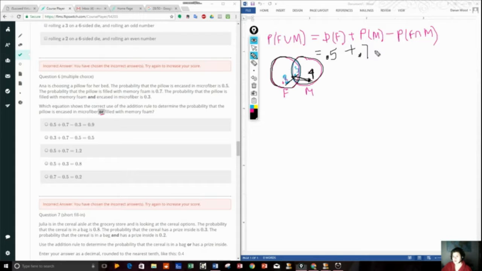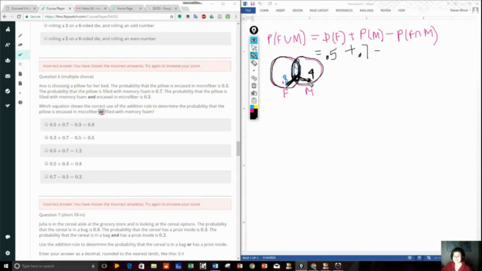And the reason why we subtract out one of these intersections, if you noticed, when you count the probability of it being in microfiber, you're including this 0.3 to make it 0.5.